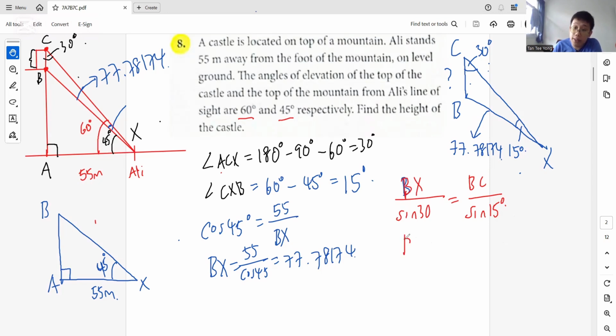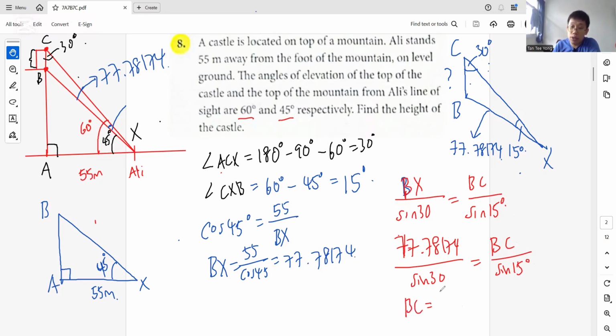Okay, so BX, which is 77.78174 over sine 30 equals BC over sine 15 degrees. Okay, so BC equals 77.78174 over sine 30 degrees times sine 15 degrees.